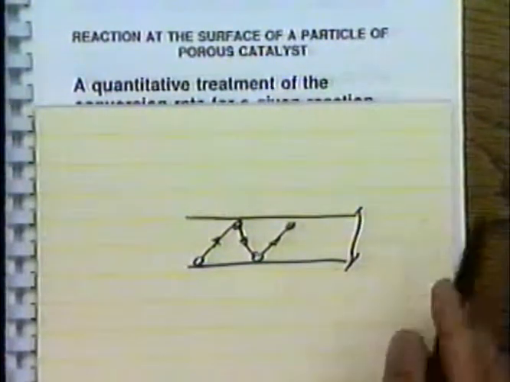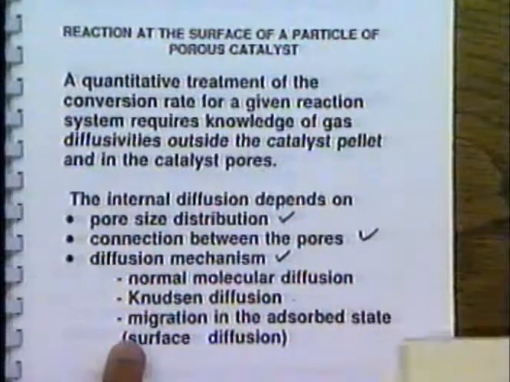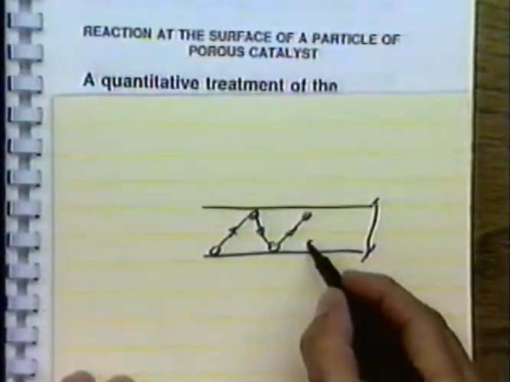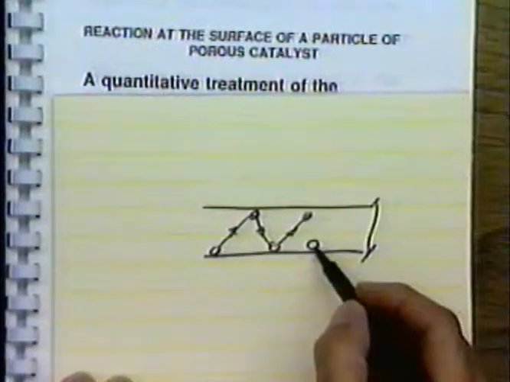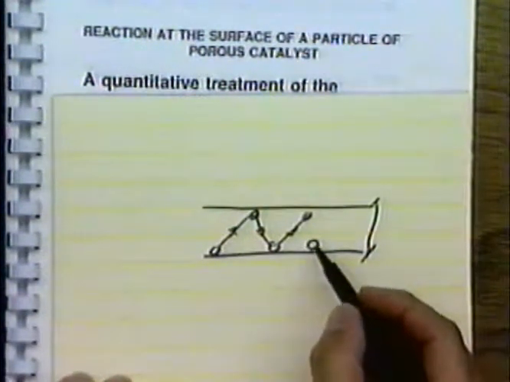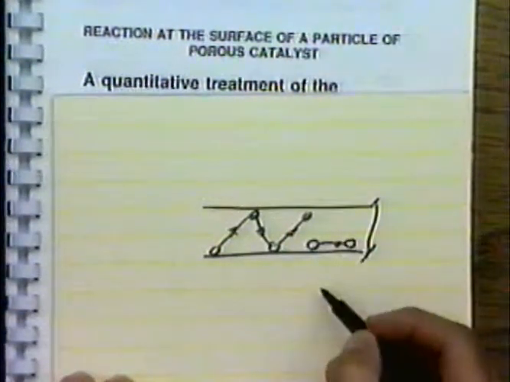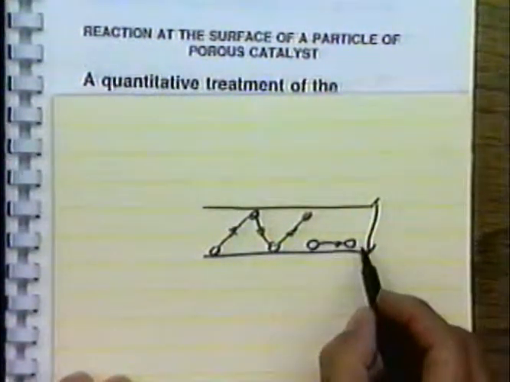The other mechanism that I mentioned, migration in the adsorbed state, indicates that the molecule, upon collision with the surface, may adsorb and then migrate in the adsorbed state on the surface.